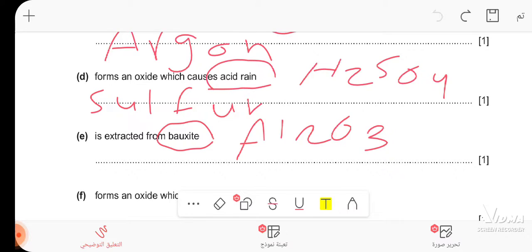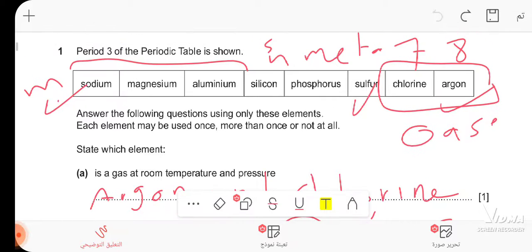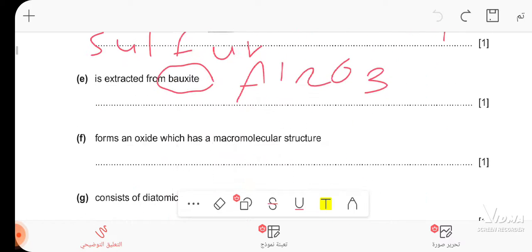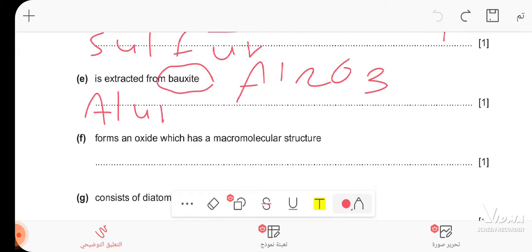So the answer here is aluminum. Let's move to the next question.